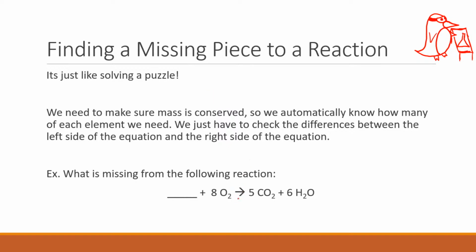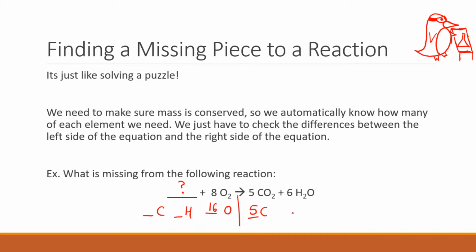We're going to take a look at this reaction here and compare the left and the right side. Here I've got my mystery thing and 8 O2s. 8 O2s is going to give me a total of 16 O's. I have no C's. I have no H's. Here on the right side of the equation, I have 5 carbon dioxides. 5 carbon dioxides is going to give me 5 C's.